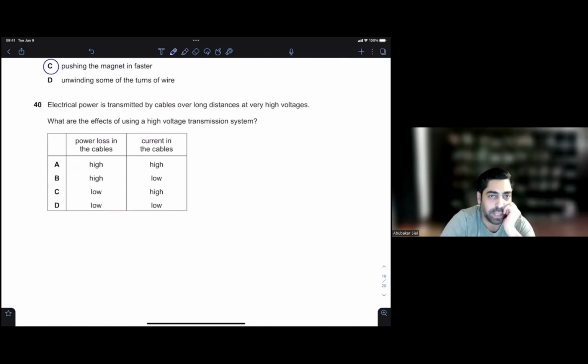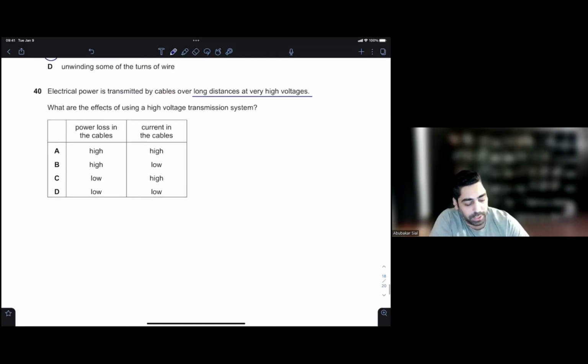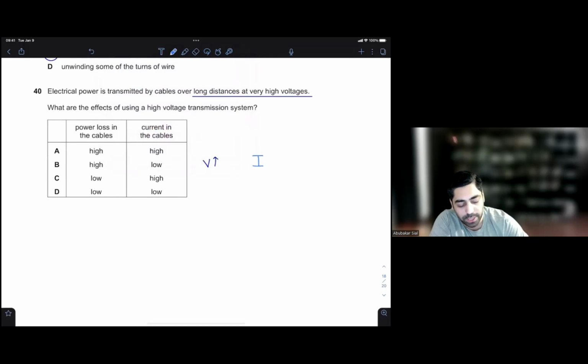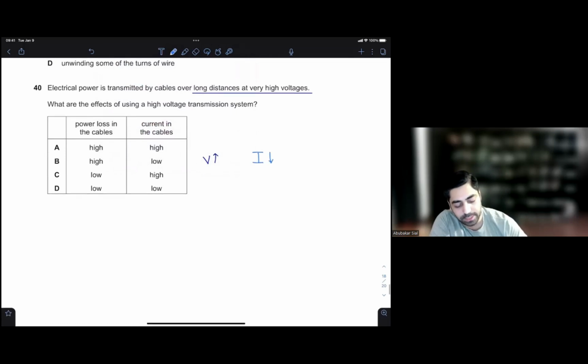Electrical power is transmitted by cables over long distances at very high voltages. What are the effects of using a high voltage transmission system? So what's going on here is that over long distances, we want to maximize the voltage. Why do we want to do that? Because a higher voltage requires a lower current. Now, if it requires a lower current, what's the benefit of that?